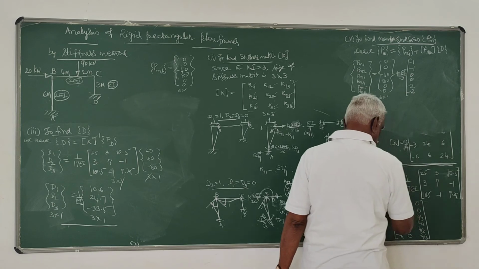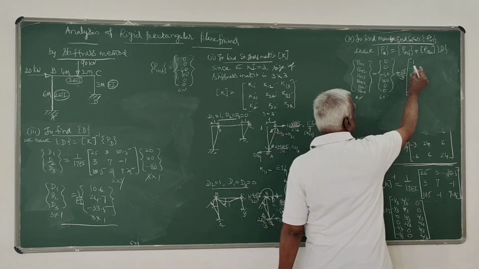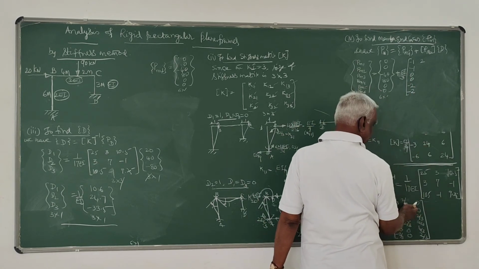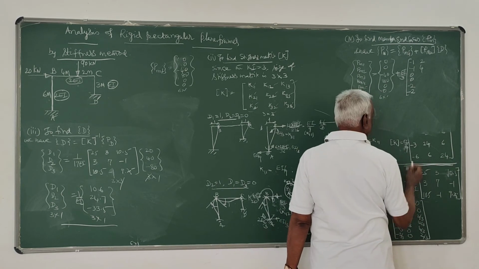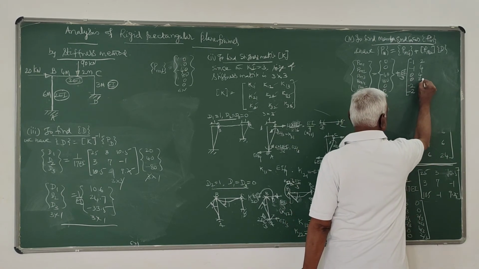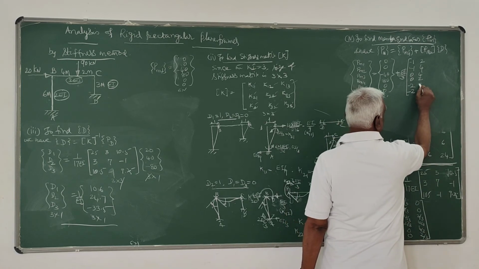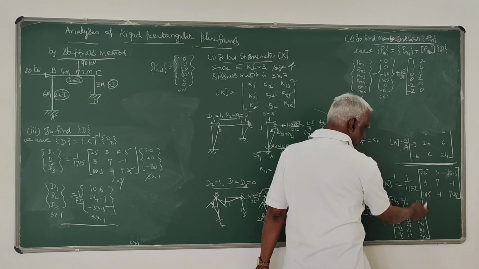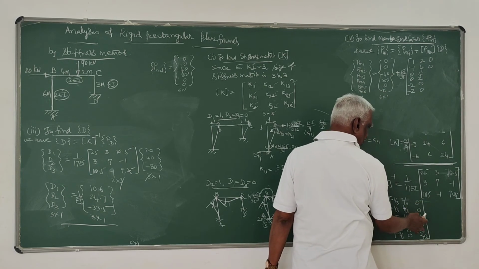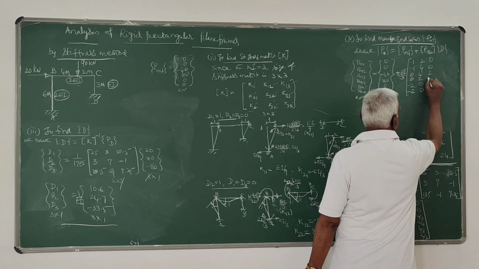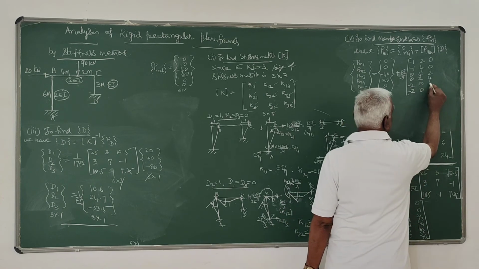That is the first row. Then second row, 2, 4, 4, 2, 4, 2, 0, 0. Then third row, 0, 0, 2, 4, then 4, 2.